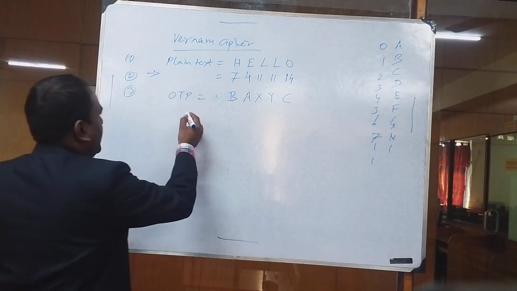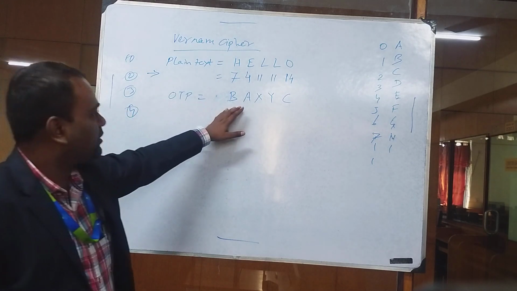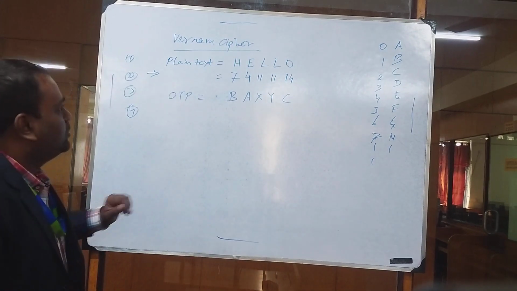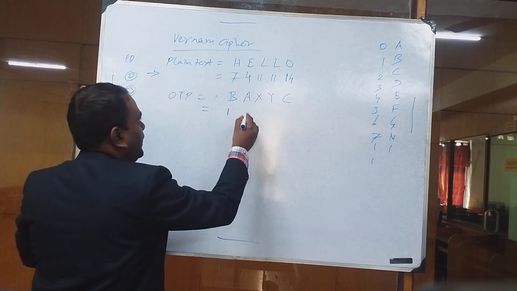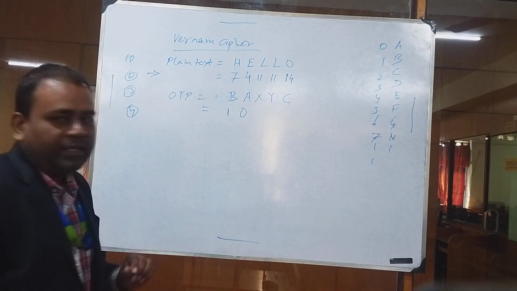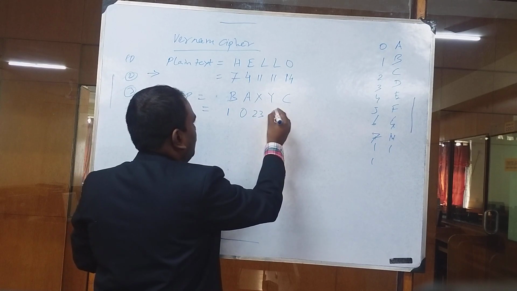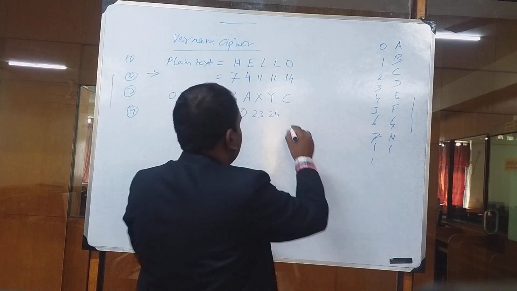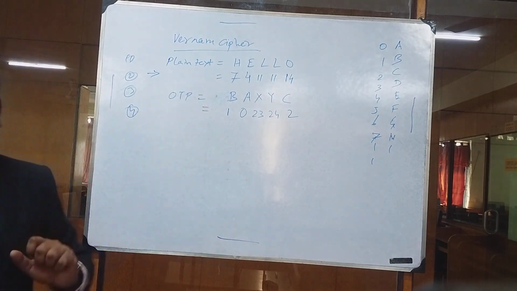We follow the same process, converting these characters into number format. So B will be 1, A will be 0, X will be 23, Y will be 24, C will be 2.